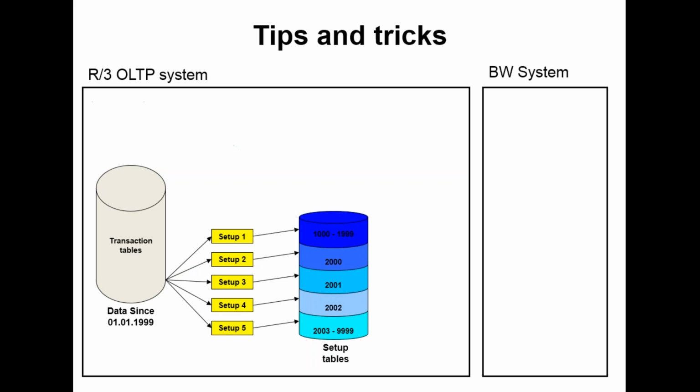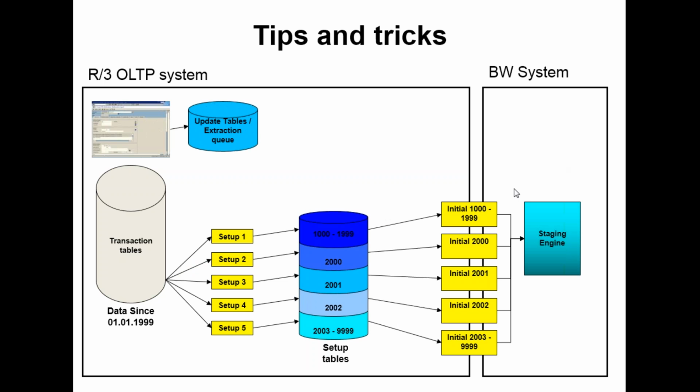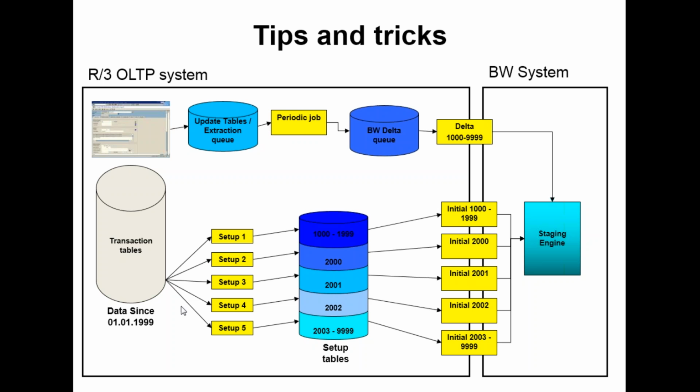We fill the setup table, and according to that we loaded the initial loads, even the initial loads with the same selection, into BW. Whereas for the BW delta, it will contain everything from the first 1000 to 9999. It will combine all these initializations, consider those, and bring the delta data.